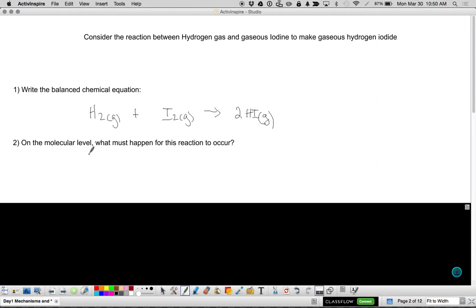Okay, so on some level, we know that hydrogen and iodine are compounds that have single bonds. So in order for anything to happen, the single bonds must be broken. So we must, 1, break bonds. Okay, so that would be the HH bond and the II bond.